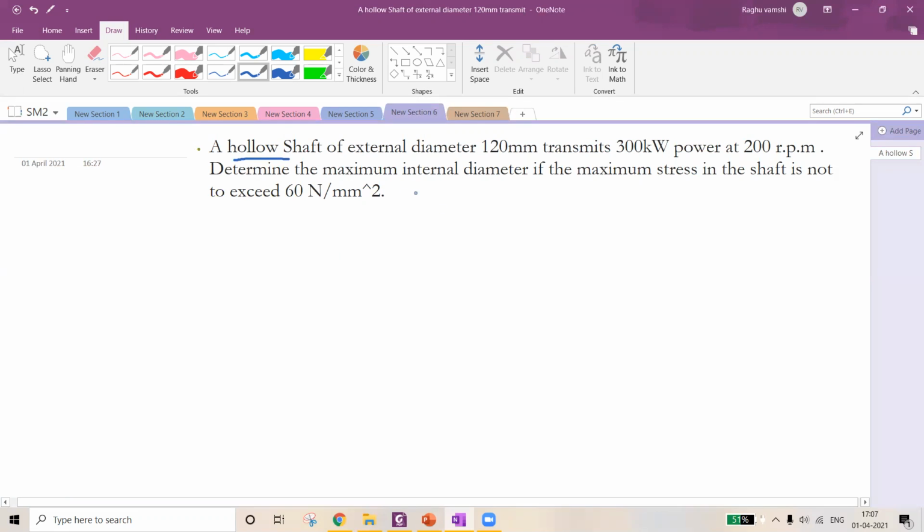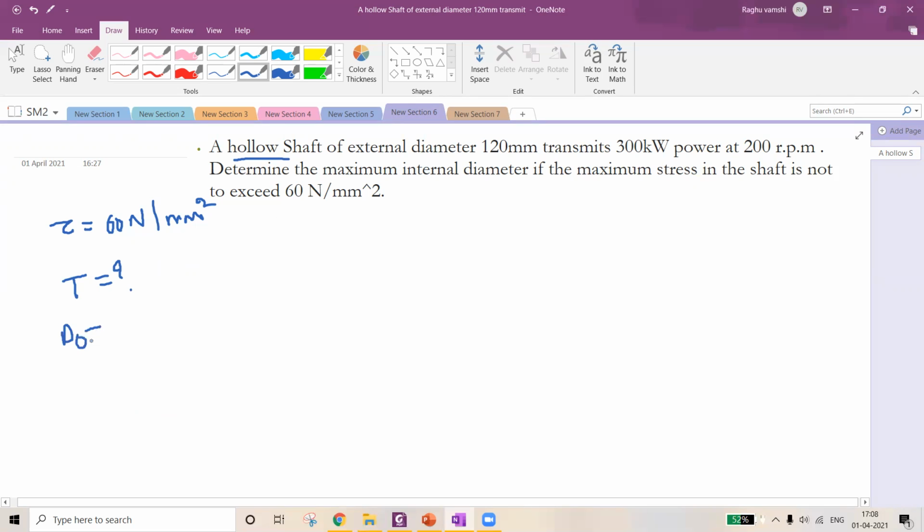So here we need to find the internal diameter of the hollow shaft, and we need the T value.